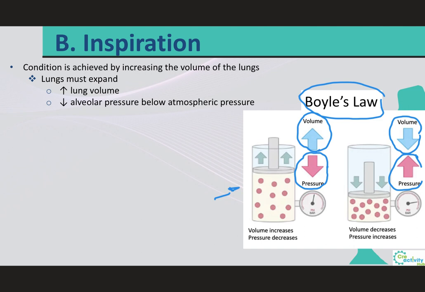So suppose there is a gas that is placed in a cylinder that has a movable piston and a pressure gauge, and that the initial pressure created by the gas molecules striking the wall of the container is 1 atmospheric pressure. If the piston is actually pushed down, as we can see over here on the right, the gas is going to be compressed into a smaller volume so that the same number of gas molecules will strike less wall area, as we see over here.